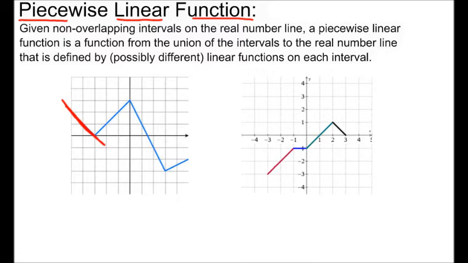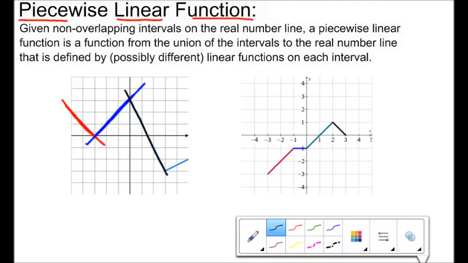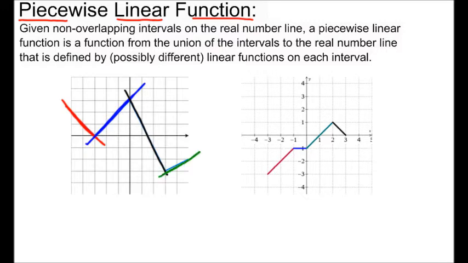Then it's connected with a piece of another line. Then it's connected with a piece of another line. Then it's connected to the piece of this last little part right here. So all these different pieces placed together make this graph. That's what's called a piecewise linear function. We will see a lot of this in later units, but this is just your introduction.